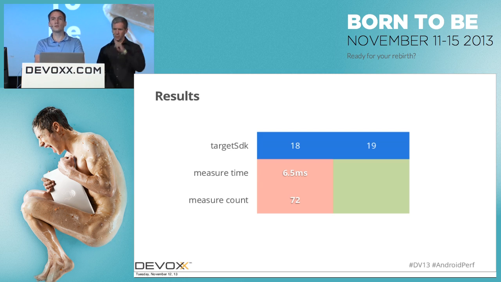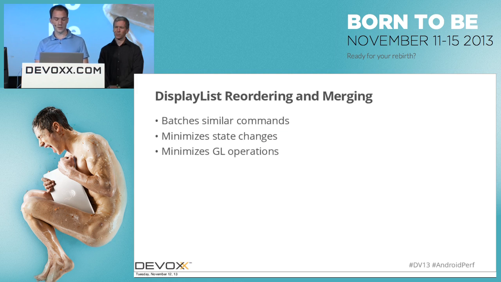It took 72 calls to onMeasure to get the work done. With target SDK version 19, we're down to 0.7 milliseconds, and we have only 14 measure counts. So all you have to do is change your target SDK version, and if you have a very complex view hierarchy with a lot of relative layouts and linear layouts with weights, you're automatically going to get that kind of benefit.